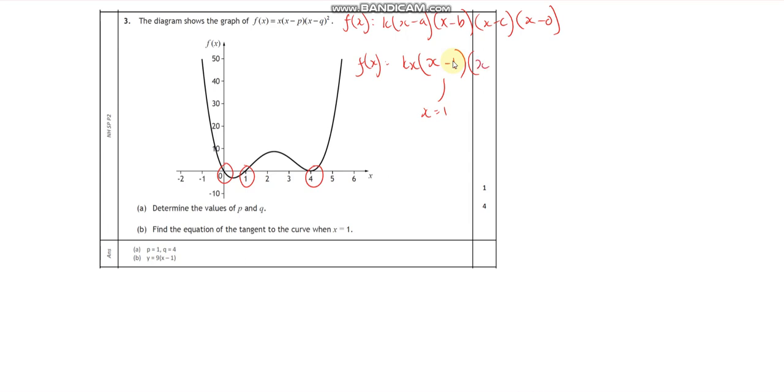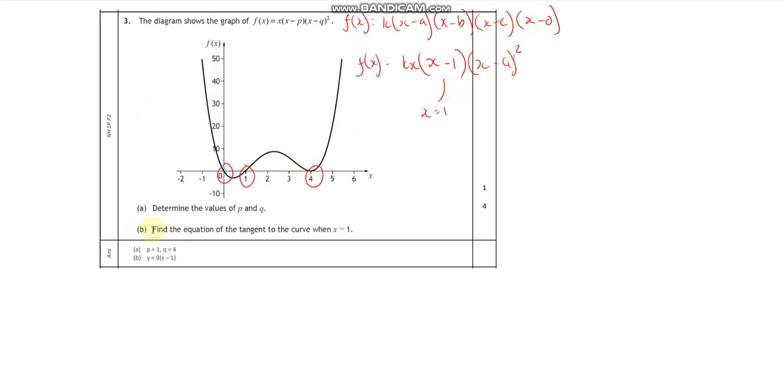So that's x take away 4 and x take away 4, which I can just write as x take away 4 squared. So for these ones, you're saying that, well, p is going to be 1 and q is going to be 4. So just remember that generic function. The reason there's 2 there, that's if it's a turning point on the axis, you've got 2 equal roots. So that's why I wrote that one out twice.